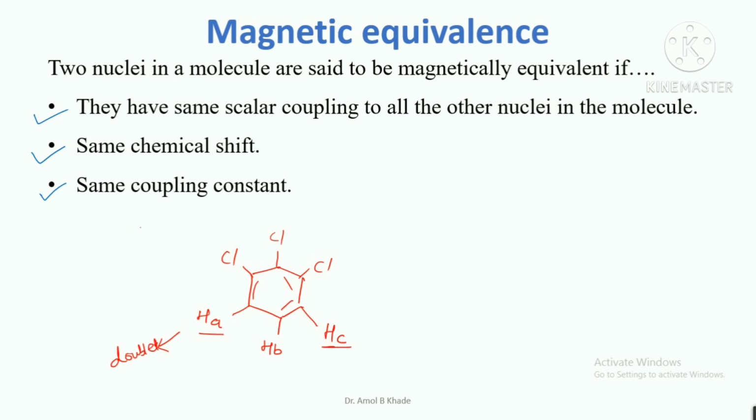Similarly, for proton C, the neighboring carbons are this as well as this, but one has no proton and the other has 1 proton, so this will also appear as a doublet.